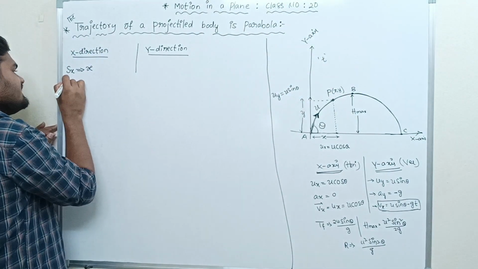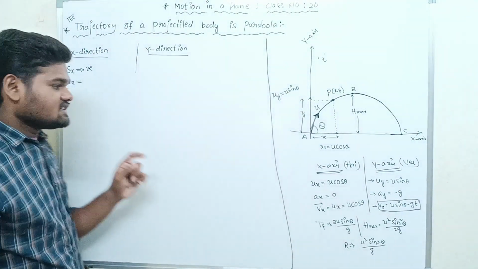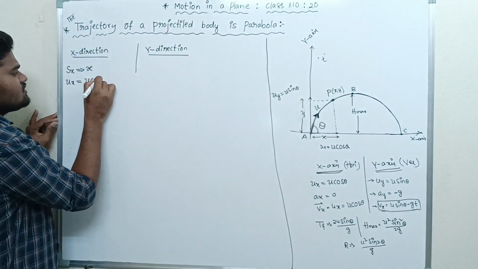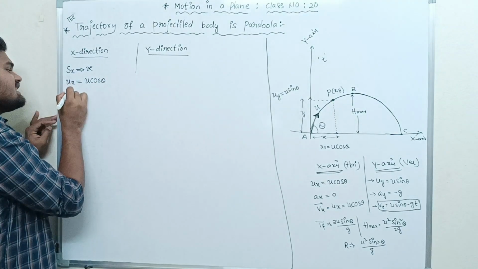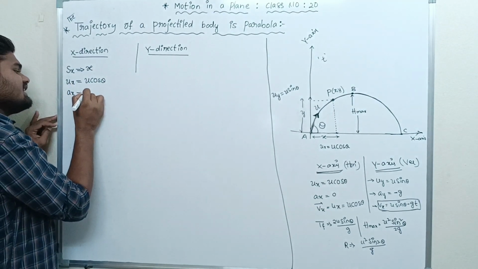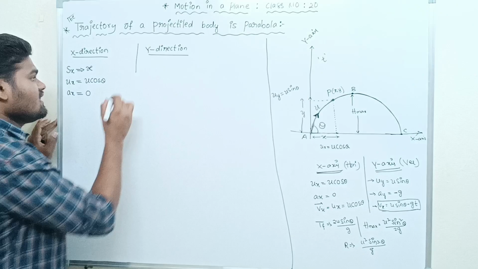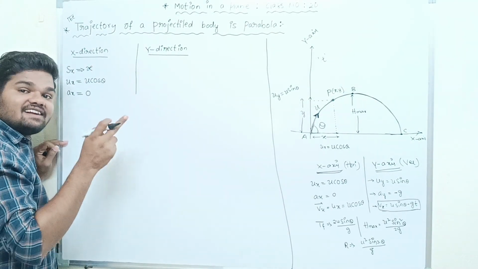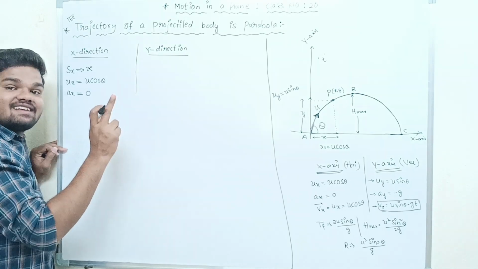What is the initial velocity of the object along x direction? The initial velocity along x direction is u cos theta. What is the acceleration of the object along the x direction? 0. Right. From this information, I'm going to write the displacement equation by using the second equation of motion.